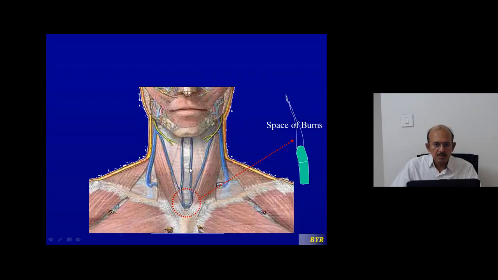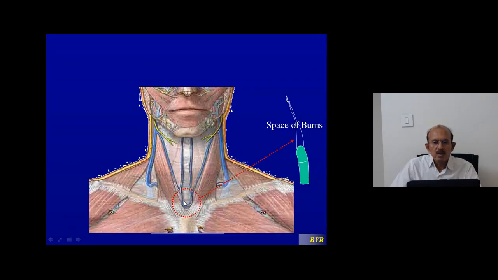A pair of veins. Sometimes it will be single, sometimes paired. This is called the anterior jugular vein. So it has a communication between the two anterior jugular veins. It has fat, and the space of Burns has 2 or 3 lymph nodes.